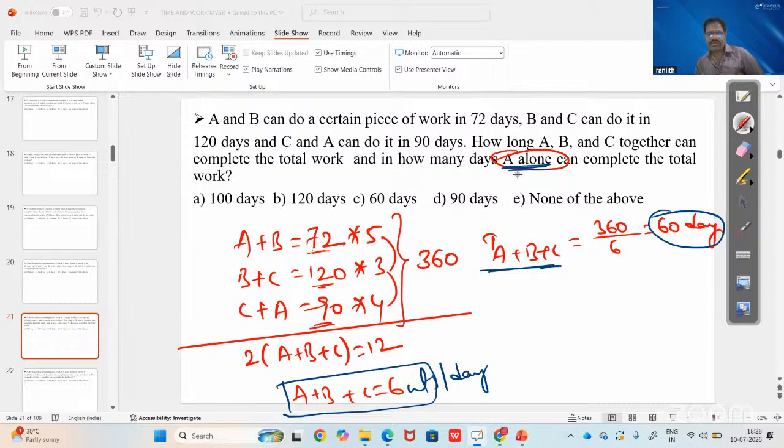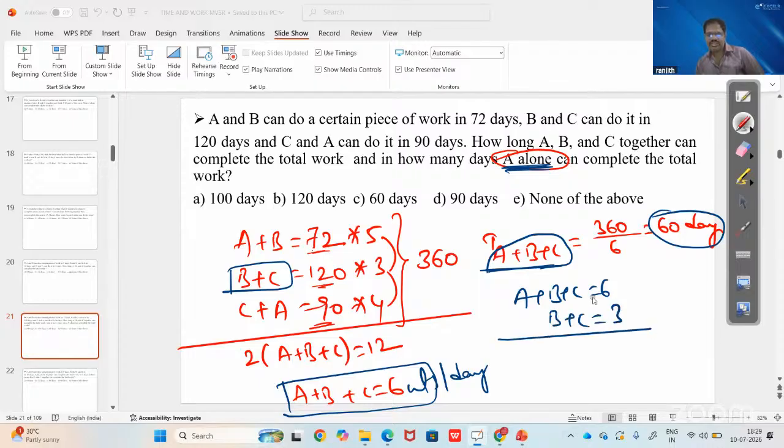To find A, out of A plus B plus C we need to subtract B plus C. A plus B plus C equals 6. If I subtract the efficiency of B plus C, that will be equal to 3. 6 minus 3, A equals 3.